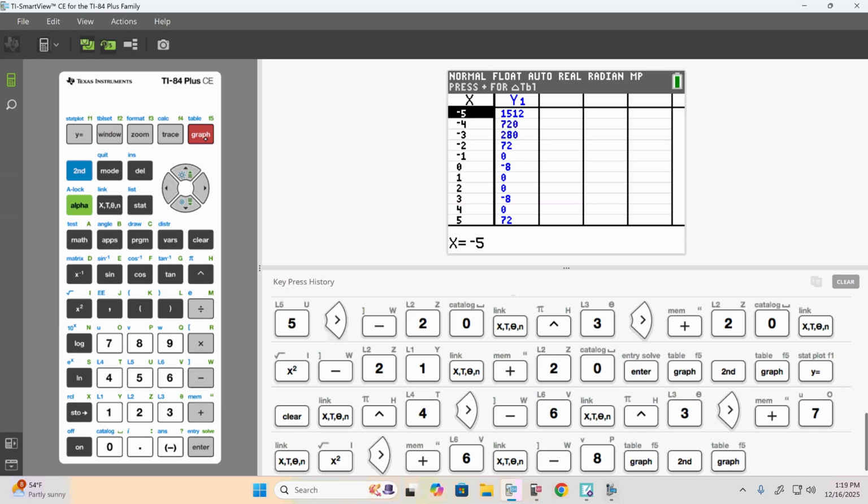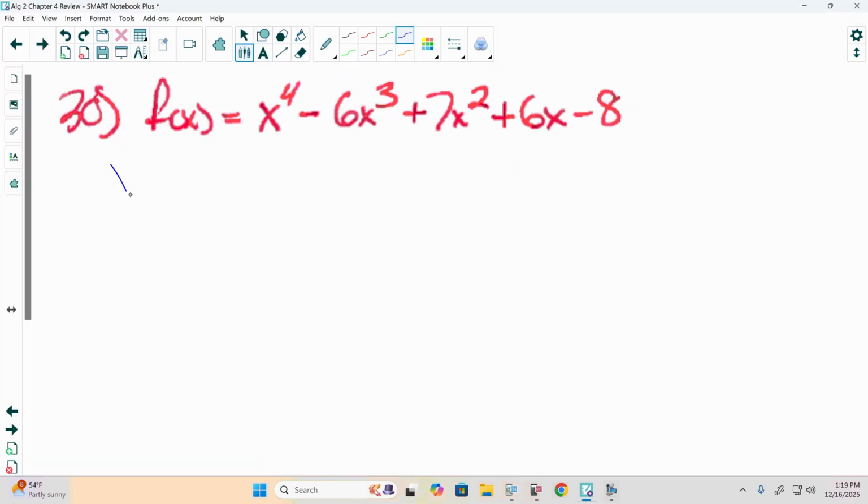That really doesn't tell us anything. The fact that when x is 0, y is negative 8 means nothing. We have 4 values of x that make this function equal 0, and they are negative 1, 1, 2, 4, yes?